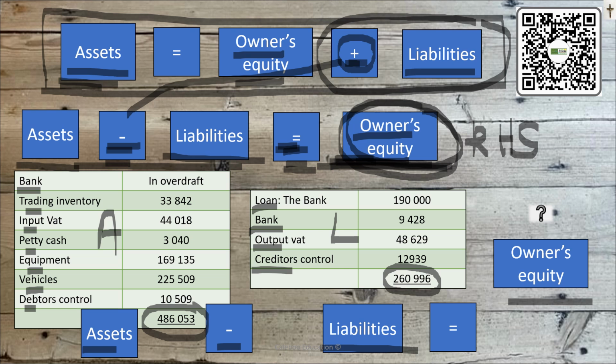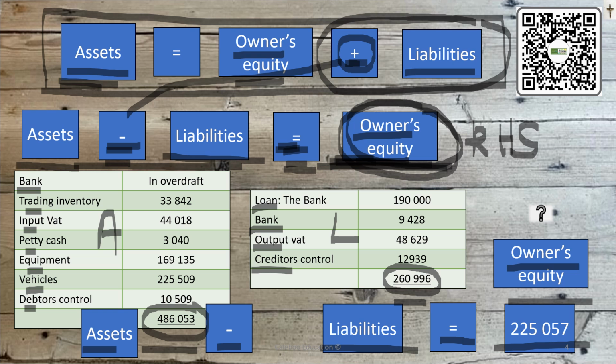And in order to calculate owner's equity, I say the total of the assets minus the total of the liabilities, and that will equal to 225,057.